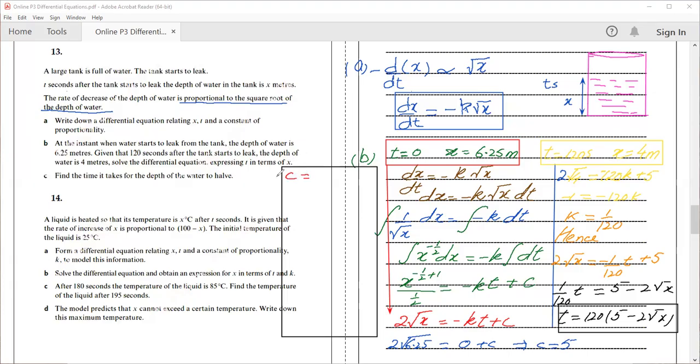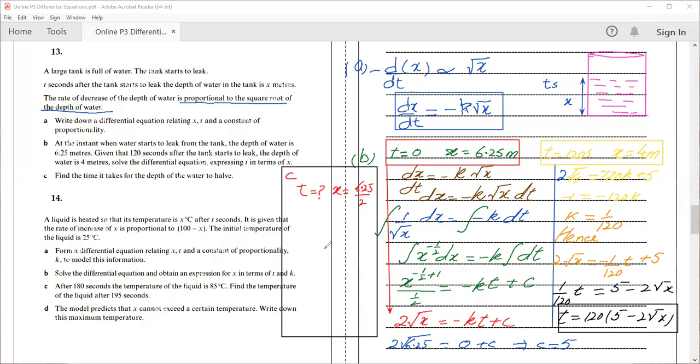The C part says that you have to find the time. This means time is unknown. For the depth of the water to half, the total depth of the water is 6.25. So half depth means 6.25 over 2. That's called the depth of the water is half.